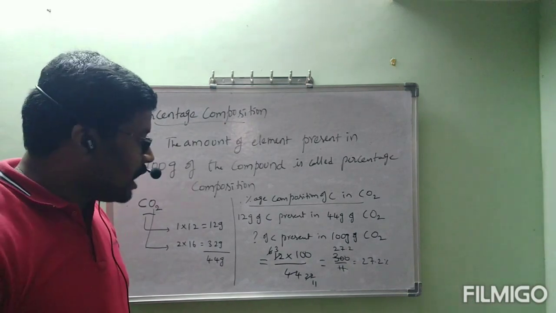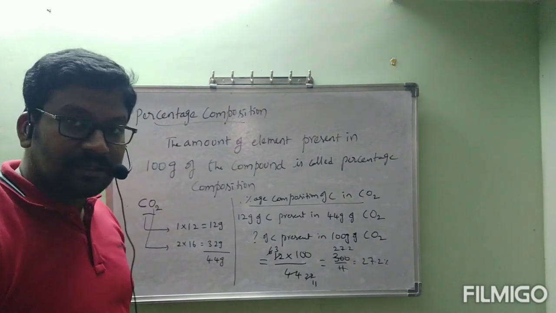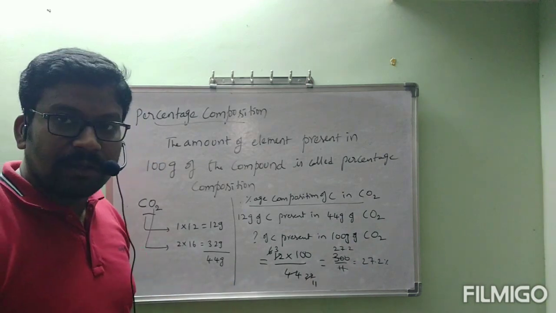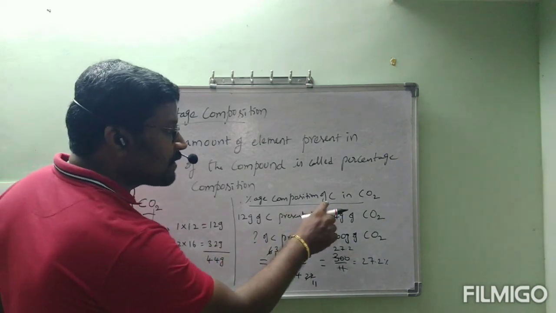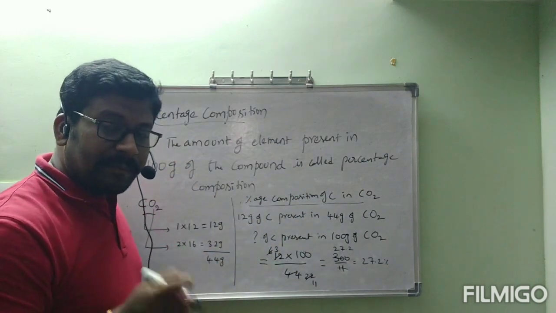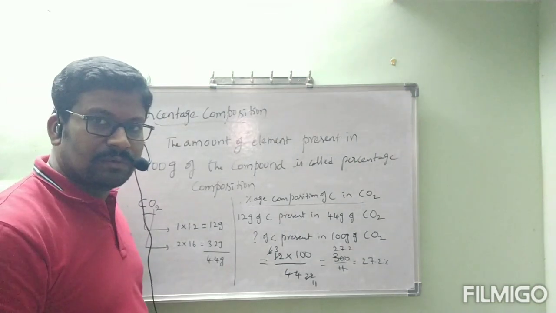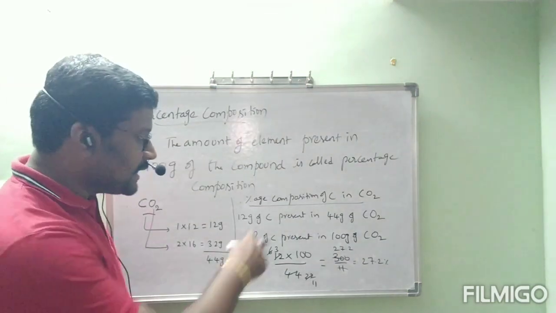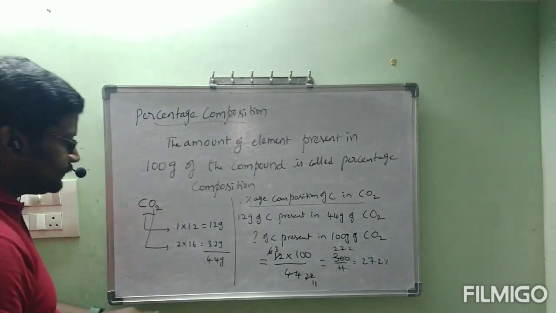Okay? So, how much percentage of carbon is present in 100 grams of carbon dioxide? That is 27.2. This is the percentage composition of carbon in CO2. Keep the side heading clearly. Now I'm going to find the percentage composition of oxygen in CO2. Okay, let us see. Shall I rub this one? Okay, next.